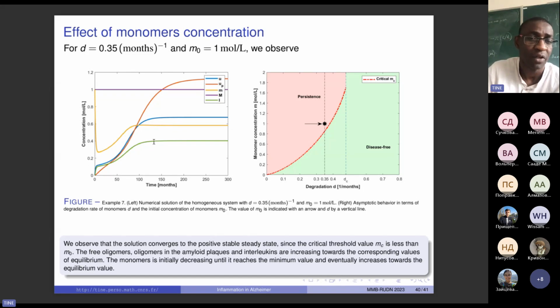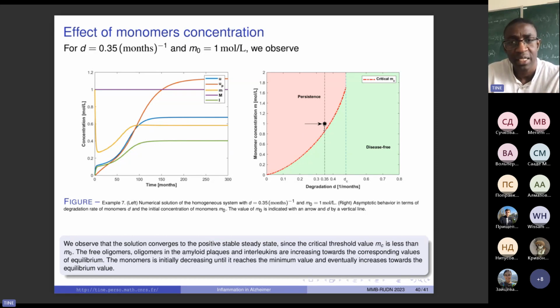That means we have another dynamic. If you look at the bifurcation diagram, we see that we are here, so the disease will persist. Of course, here we have the disease-free equilibrium. The conclusion is that the solution converges to the positive, stable, steady state, since the critical threshold MC here is less than M naught.